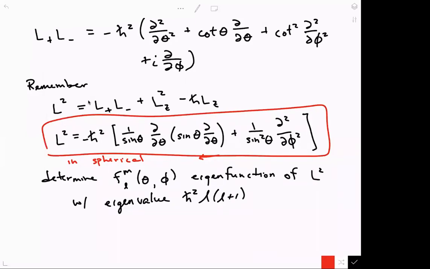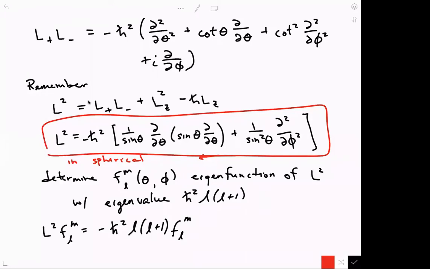So let's write out that eigenequation. That eigenequation should look like this: the angular momentum squared operator acting on our eigenfunction is going to give us our eigenvalue multiplied by our eigenfunction.